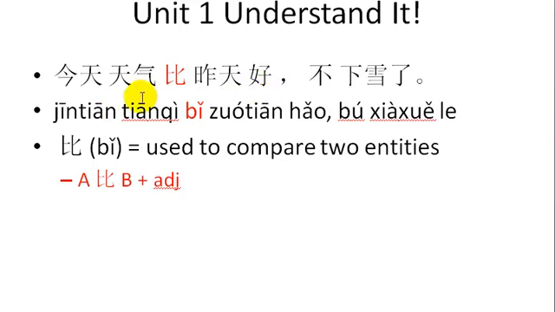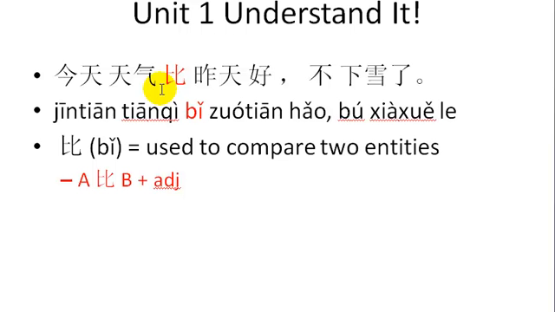So let's just take a look at the way this grammar works. 今天天气, today's weather. 今天天气比, now we're going to compare today's weather. 今天天气比昨天. Alright, so now we know we're comparing today's weather with yesterday's weather. 今天天气比昨天好.